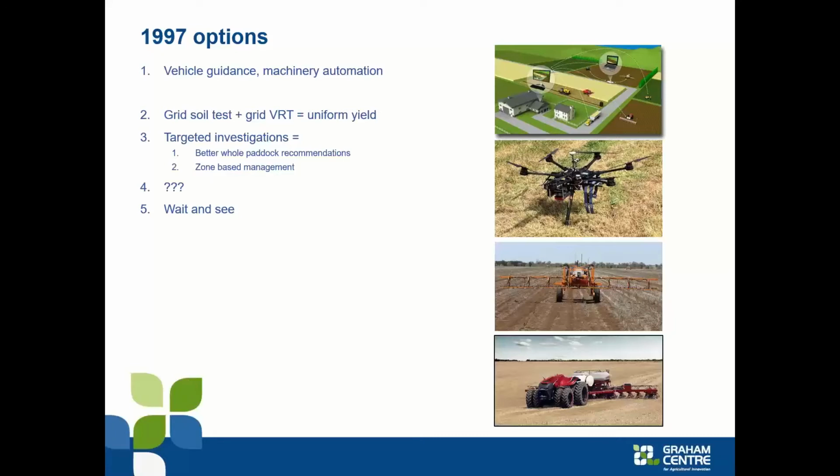It's not uncommon to see in research facilities now plenty of autonomous machinery racing around the countryside, mostly at small scale, but it's getting larger and larger, and it's not too much of a stretch to think that in the next few years, large autonomous vehicles racing around paddocks doing whatever it is they need to do is going to be commonplace.